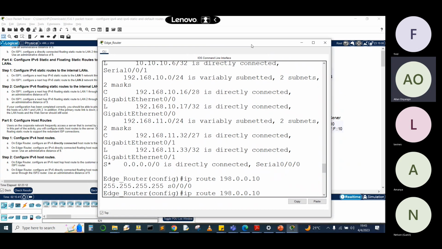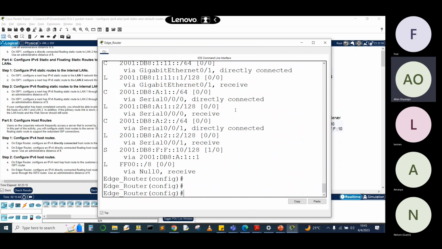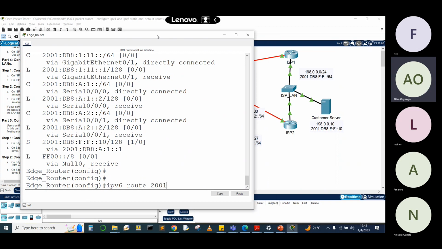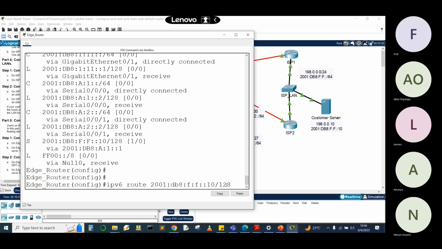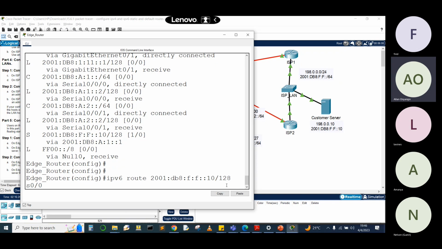So serial 0/0/1. You're gonna say IPv6 route, and since this is a host route, we put the IPv6 address 2001:DB8:F::10/128, and we need to put the exit interface, which is S0/0/1.